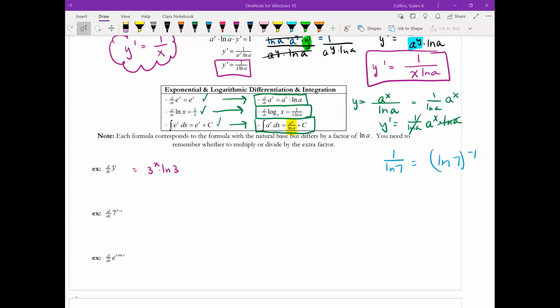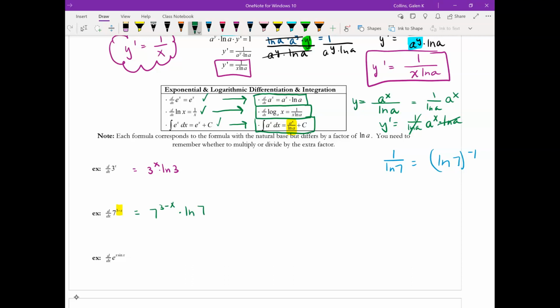And anytime I catch myself saying the word junk, I know that means I'm probably going to need to use the chain rule. So if we use our exponential rule for when we have a base other than the natural base, we know that we're going to have 7 to the junk still. So we get 7 to the power of 3 minus x times the natural log of 7.